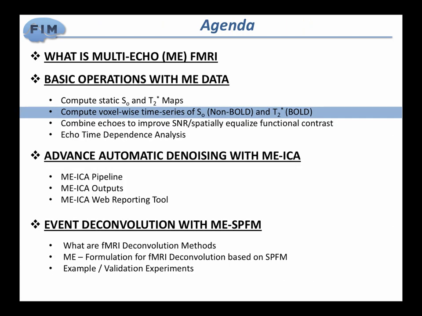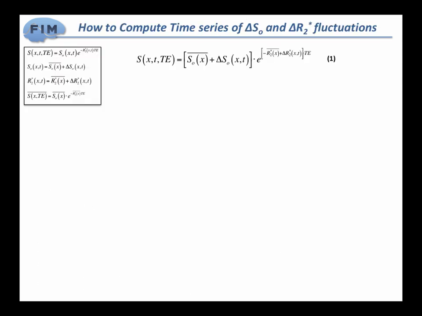Another thing that we can try to do, although I don't recommend it because it's a very noisy procedure, is to actually try to extract time series of the small S0 fluctuation and the small R2 star or T2 star fluctuation. In order to do that, here is our original formulation where we have the signal at a given voxel, time and echo time. And all I've done here is to basically input these two formulas.